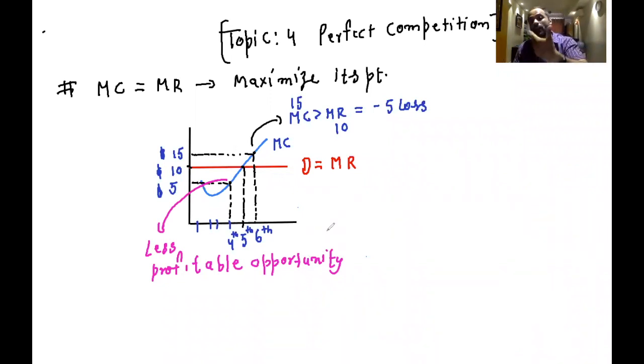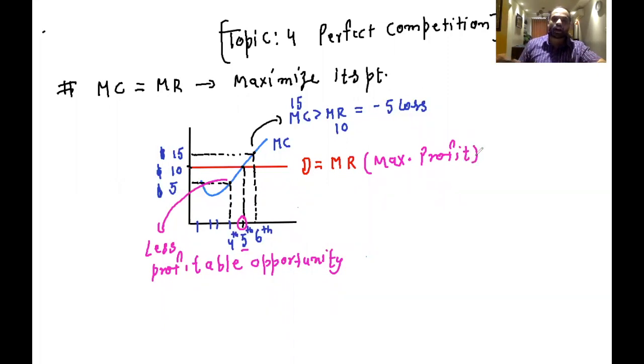So you're going to maximize your additional units. The additional units reach here, which is number 5. Number 5 is the situation where your marginal revenue equals the marginal cost. This is where you maximize profit.